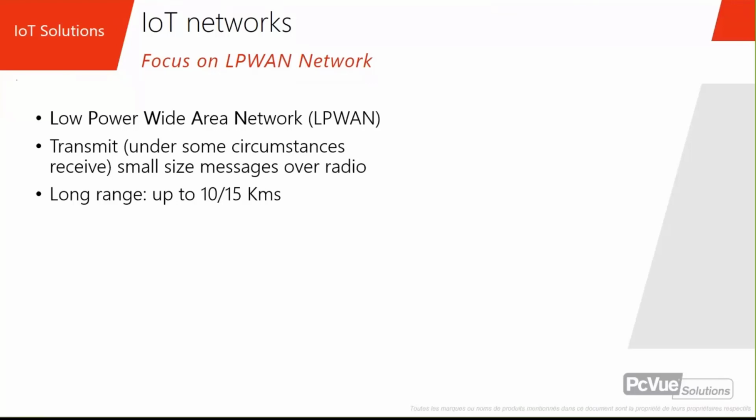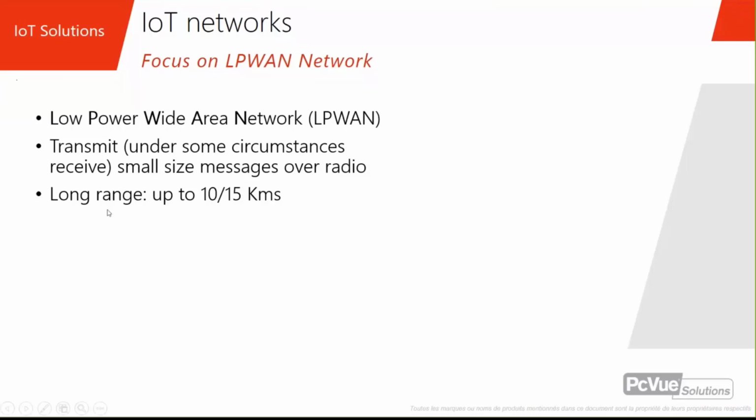It means that the goal is to exchange a very small amount of information from a lot of devices and use as little power as possible on the wireless network. So for that, we use a publish-subscribe system. Devices put the data on what we call a broker, and subscribers get the data from this broker.